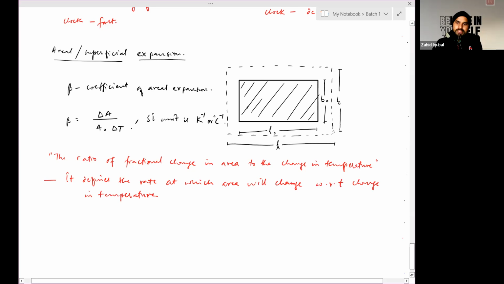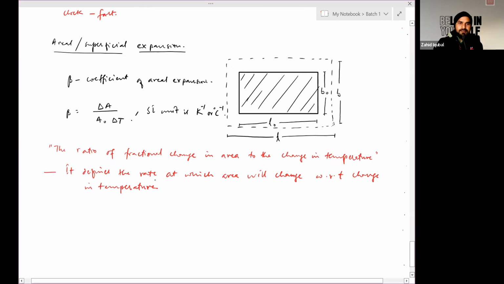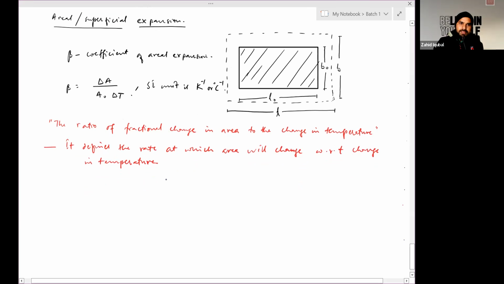So on rearranging, we may write beta equals delta A divided by A naught times delta T. Just cross multiply. So delta A becomes beta times A naught delta T. Delta A is A minus A naught, equals beta A naught times delta T. Move A naught to the right side.